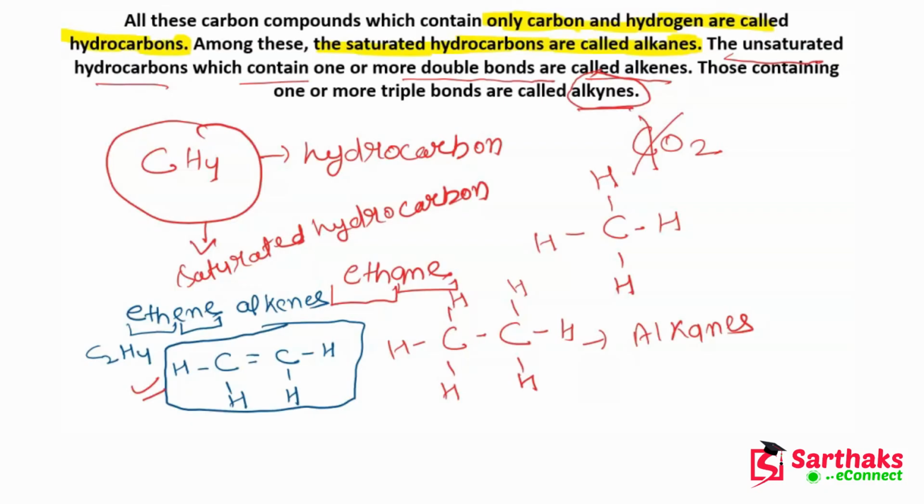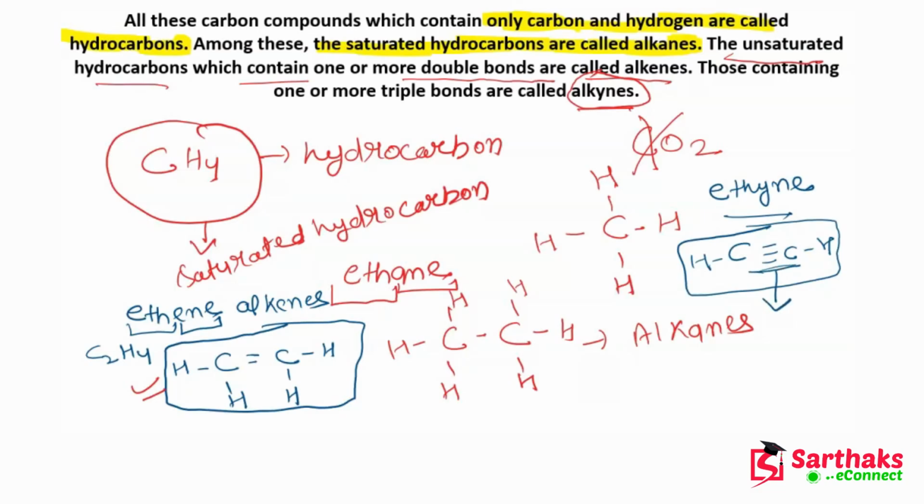Ethyne, let me write it here. This ethyne is an example of an alkyne. Why? Because the structure of this ethyne will be like this, where a triple bond is present. Because of the presence of this triple bond, this is an alkyne. Triple bond.